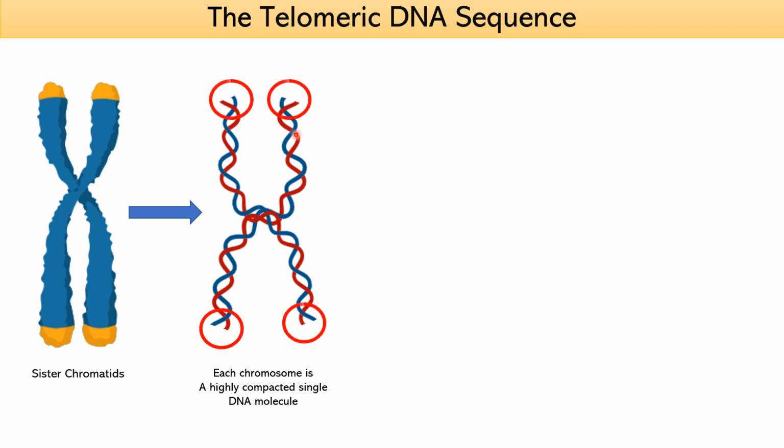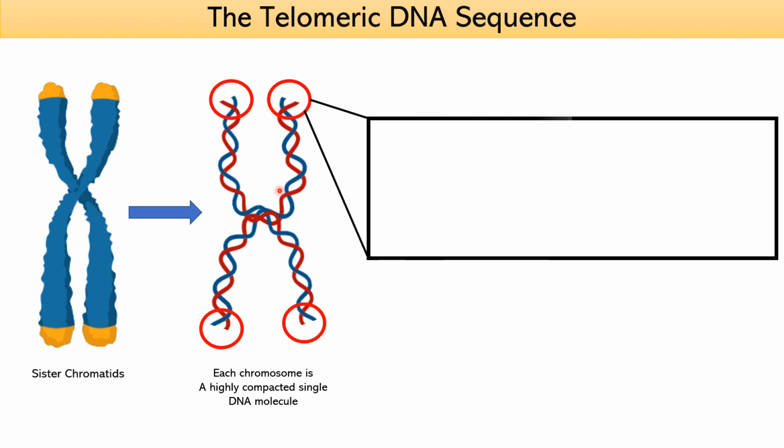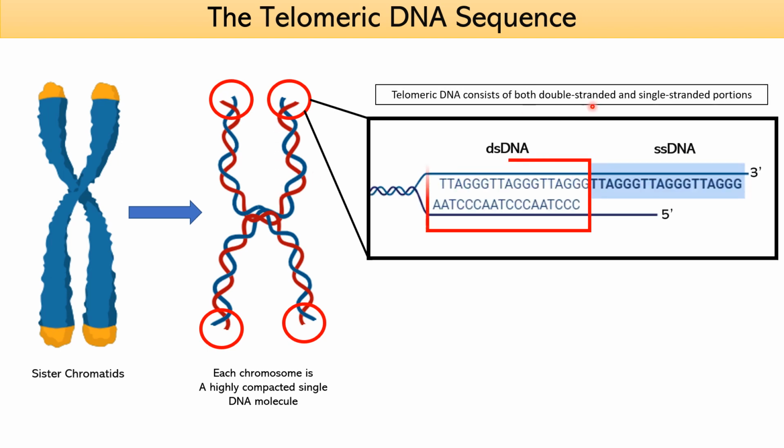Looking at the chromosome in this form, as a DNA sequence, will make it easier for us to understand what the telomeres are and what they look like. If we have a look here, we can see that every telomere at the end of every chromosome has two portions.